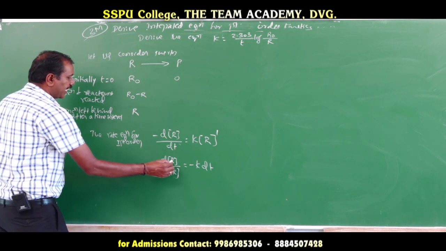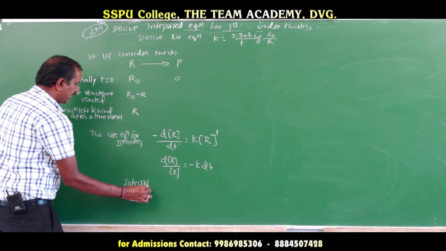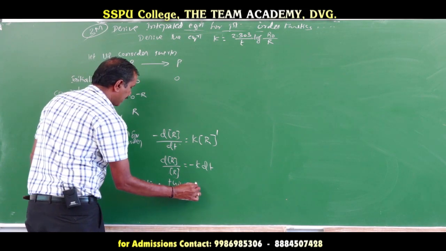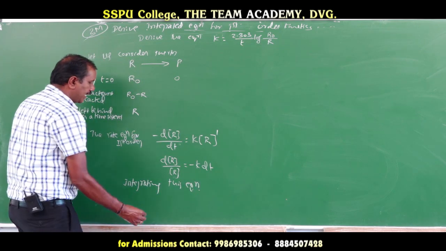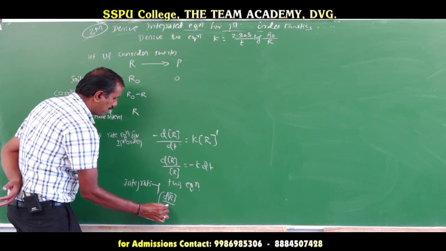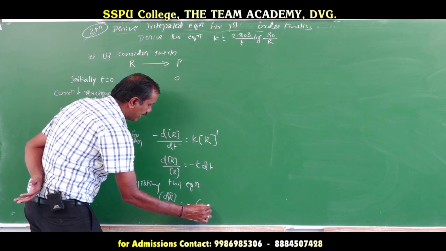Then integrating this equation, the integration of dR by R equals minus the integration of k into dt.